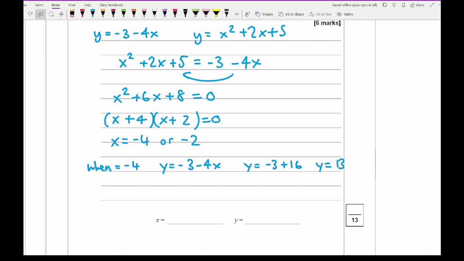So one set of values is going to be minus 4 and 13. Then when x is minus 2, y equals minus 3 minus 4 times minus 2, which is positive 8. So then that becomes 5. So my second coordinate is minus 2 and 5.